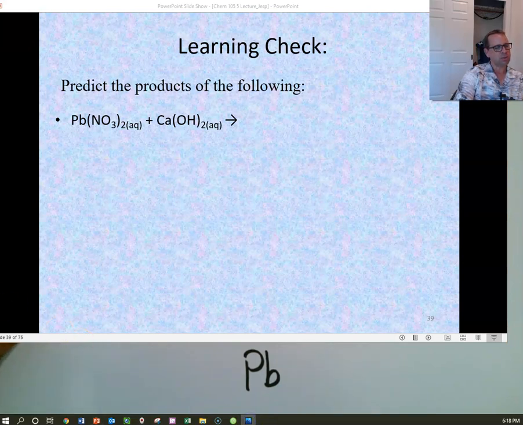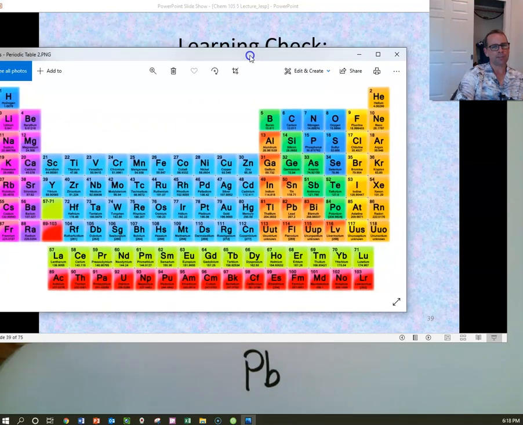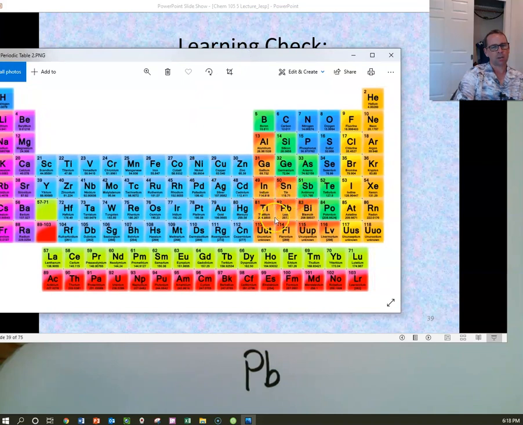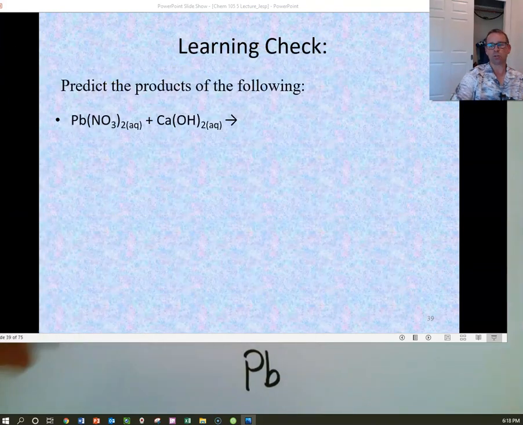It's a post-transition metal. I'm looking at row 4. That's right, but because it's a post-transition metal, we can't predict based on its location on the periodic table. Row 4 doesn't apply because we don't know what the charge is. We're going to have to use its counter ion to find out what its charge is.